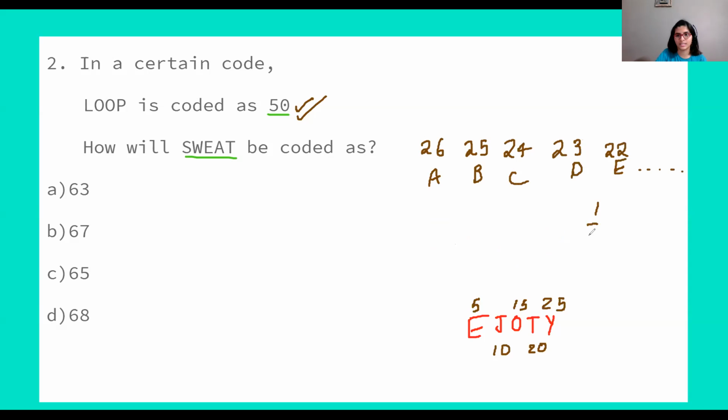So 1 will be Z, 2 will be Y. According to this relation, to remember the alphabets backwards, just like we have EJOTY for remembering it forward, we also have it for backward.